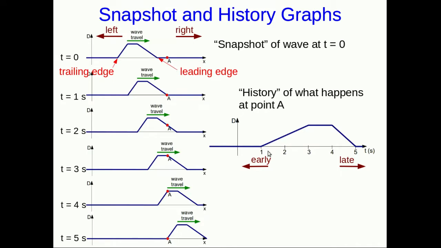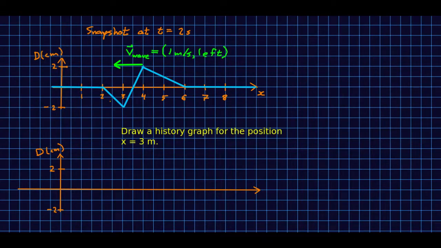And so the history graph ends up having its early part, well, early is always the left, having the same shape as the leading edge on the snapshot. But the leading edge could be on either side on the snapshot because the wave could be traveling in either direction.